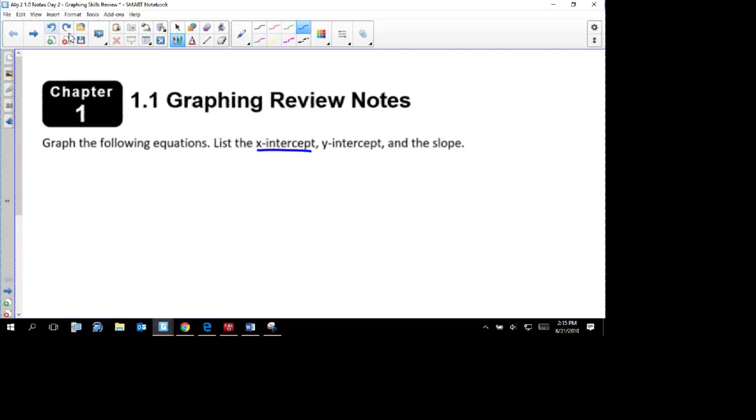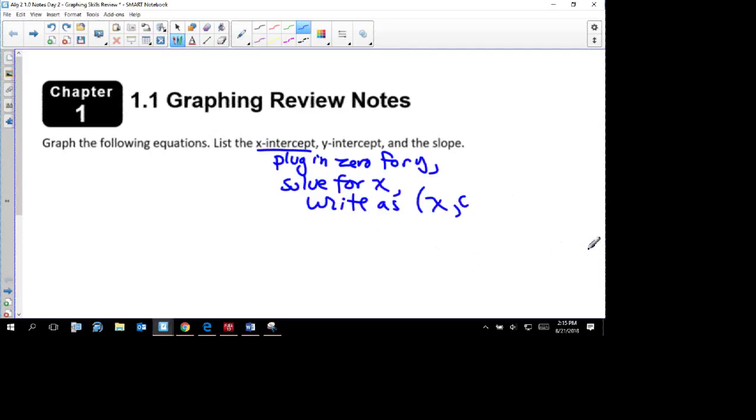So for the x-intercept, we plug in 0 for y, solve for x, and then you write it as whatever your x is, comma, 0. So just plug in 0 for y, solve for x, and write it.